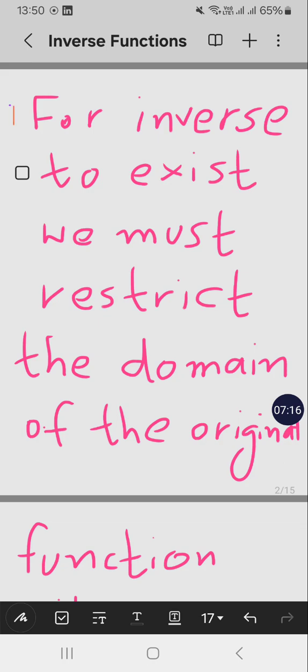And the problem with that is that, because there is an x square in our original function, it generates the same value as an output whether we give it a negative number or a positive number as input. And that is the problem.